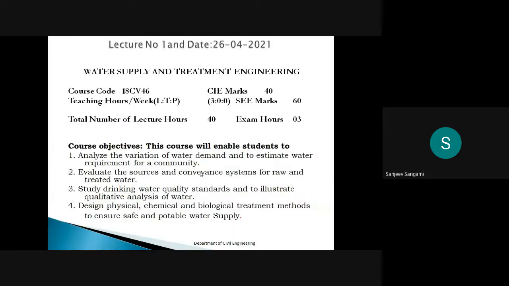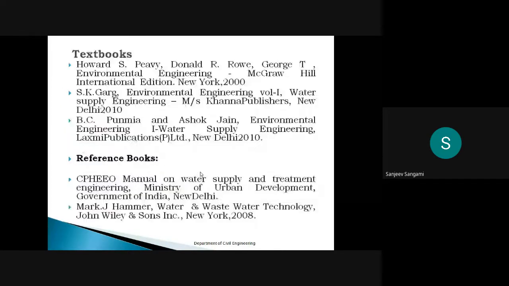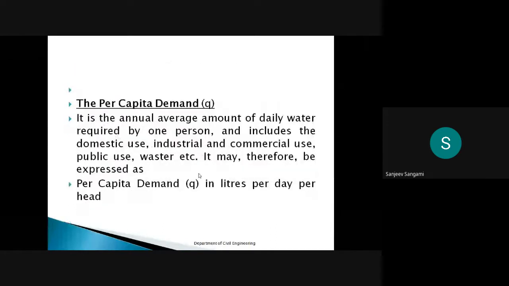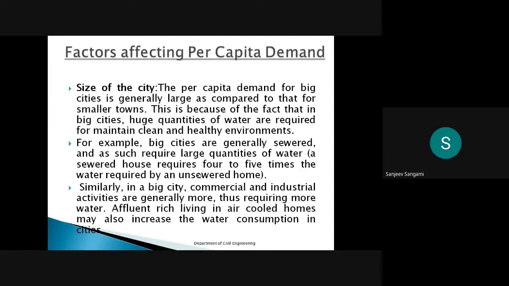In the previous class, we were discussing population forecasting methods. We have solved some problems based on the arithmetic increase method, the geometric increase method, and the incremental increase method.